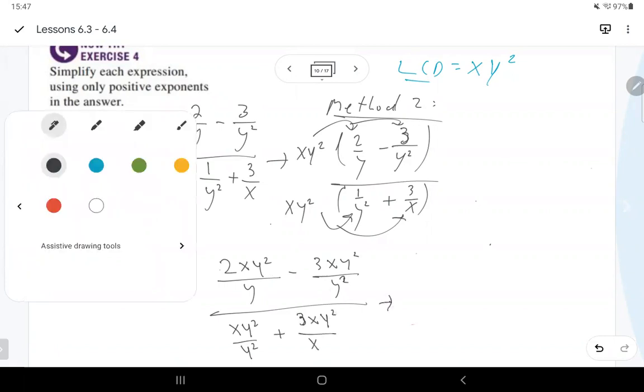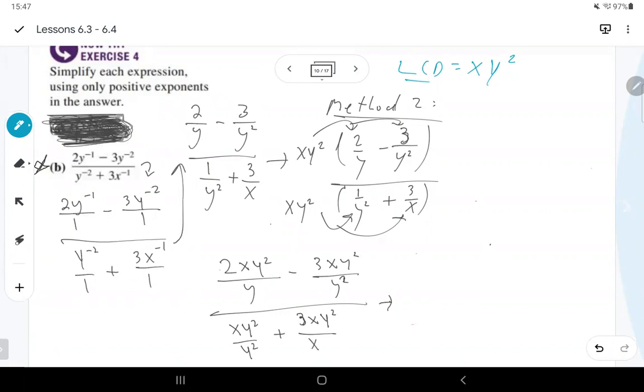And then now we can start getting rid of stuff. So 1y goes away, the y squareds go away, and the x's go away.